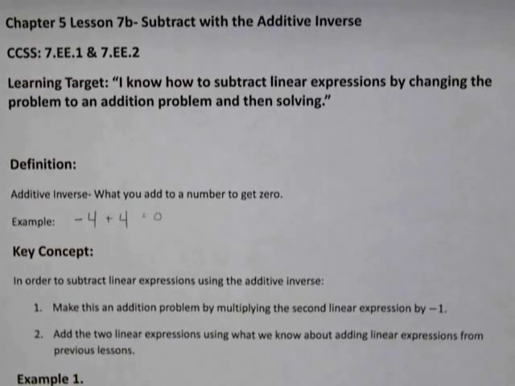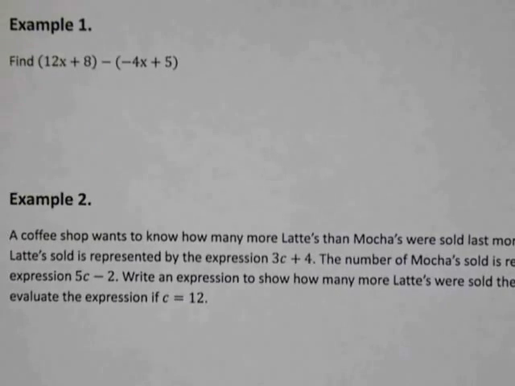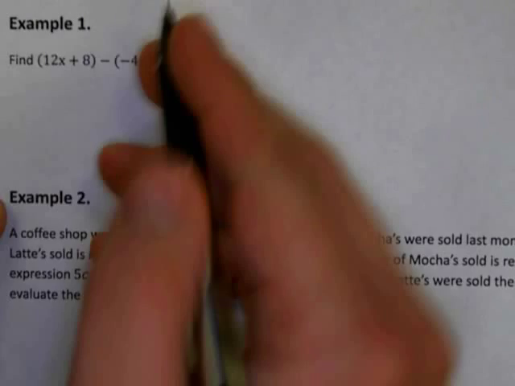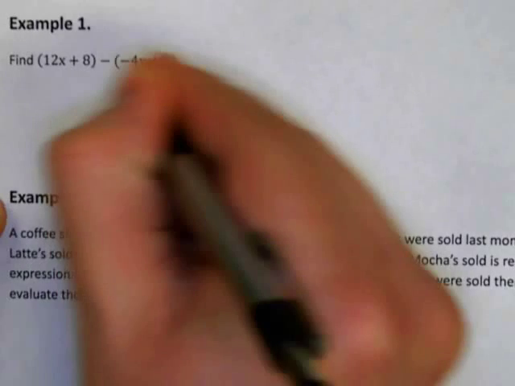So let's do a few examples to kind of get a hold of this. Alright, example 1 says to find 12x plus 8 minus (-4x plus 5). The first thing we need to do is multiply this right here by -1.